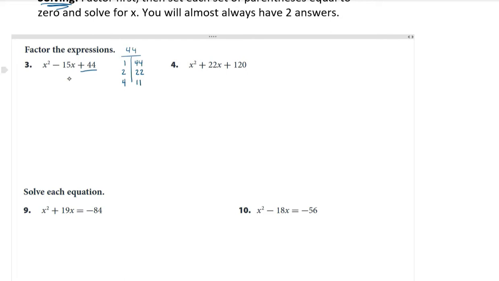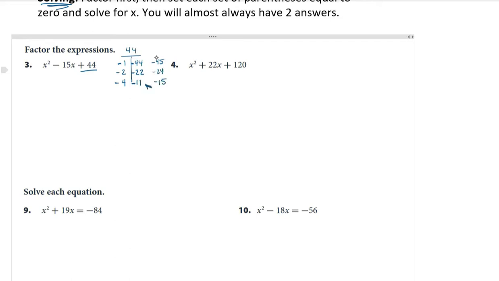Now, we want to multiply them to get a positive, but add them to get a negative. That means both factors have to be negative for that to be possible, because when you multiply a negative times a negative, you get a positive. Looking at these, if I add here, I would get negative 45, here would be negative 24, and here would be negative 15.